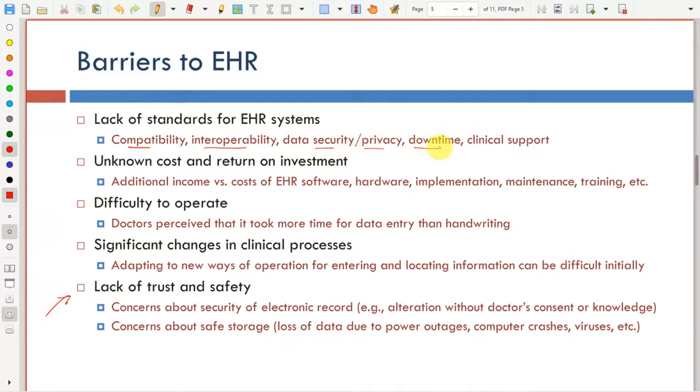A major issue was also the downtime. Downtime meaning that, let me give you an example from some back history, not exactly in the EHR field.